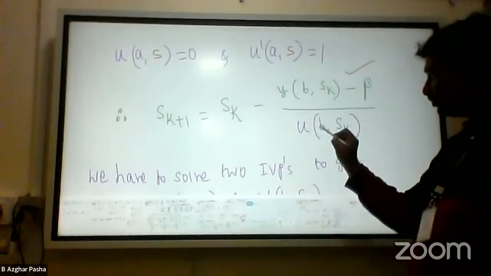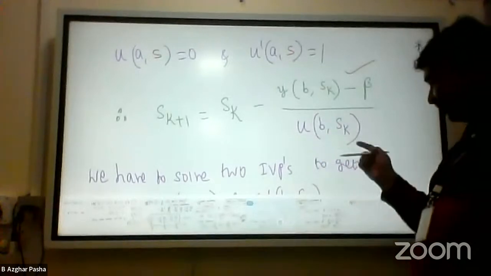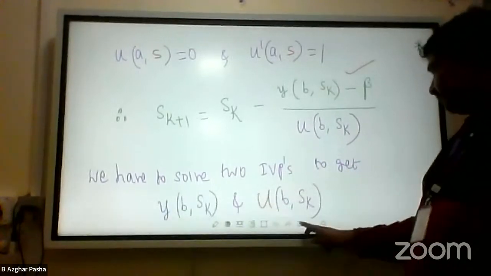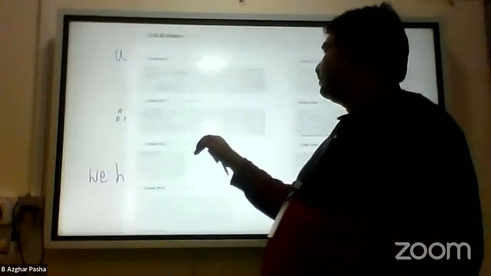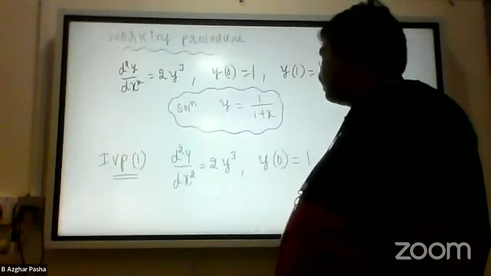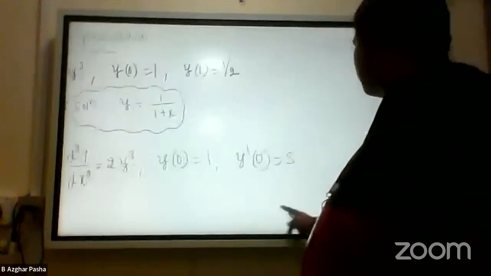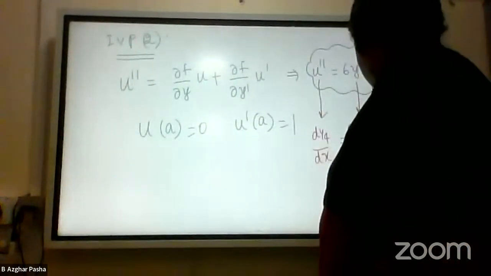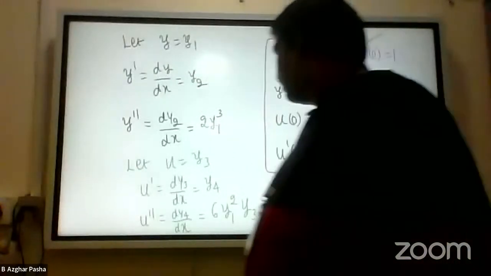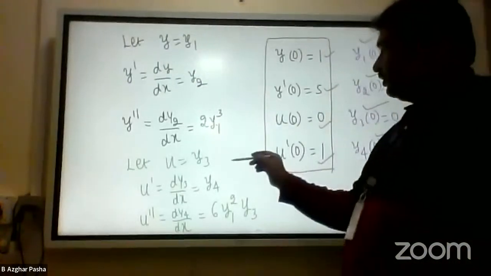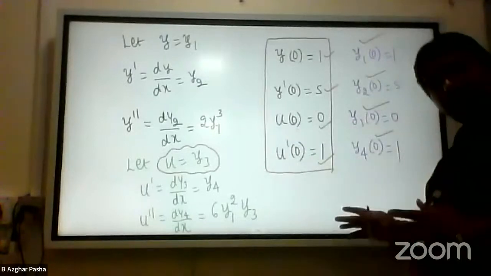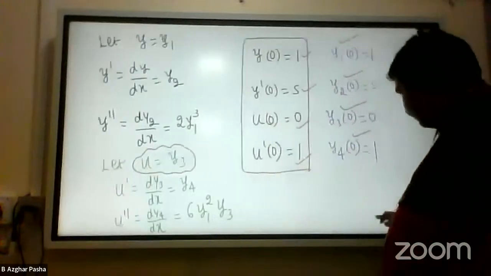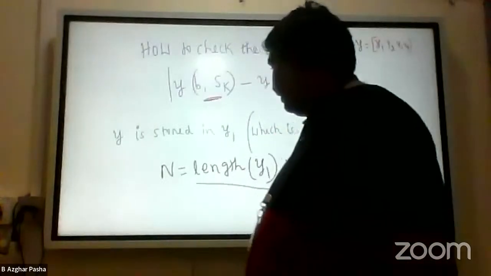So the denominator becomes u, and that u is y3. While writing the program, everything should be in terms of the elements of y.